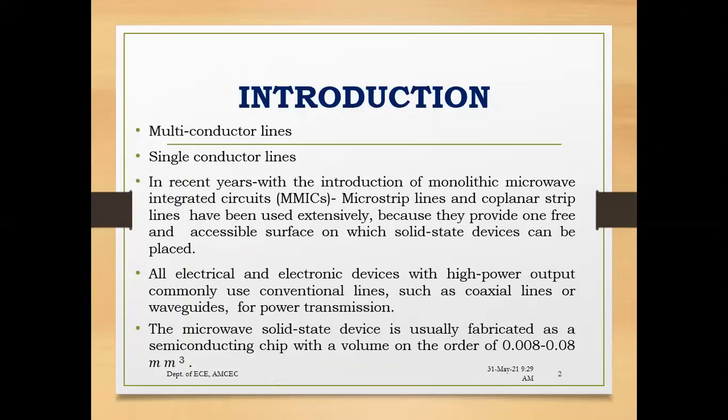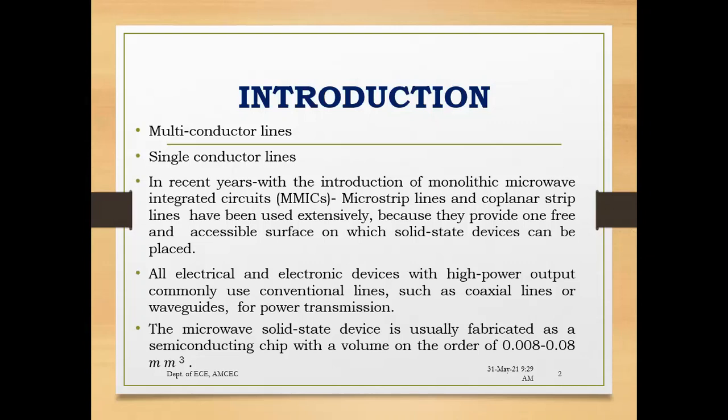When I say multi-conductor lines, these are nothing but the coaxial lines, strip lines, microstrip lines, slot lines, and coplanar lines. You'll be studying each and every line in this module.